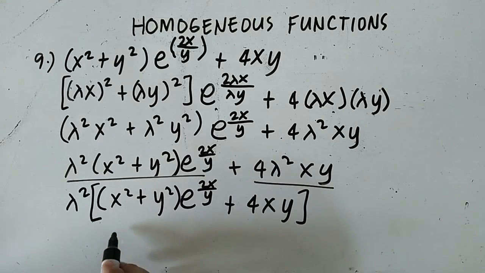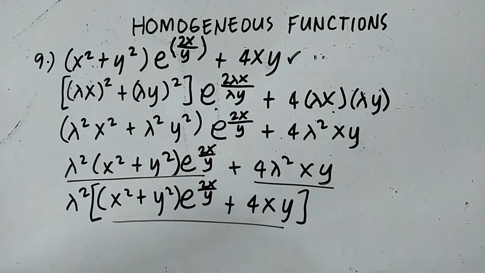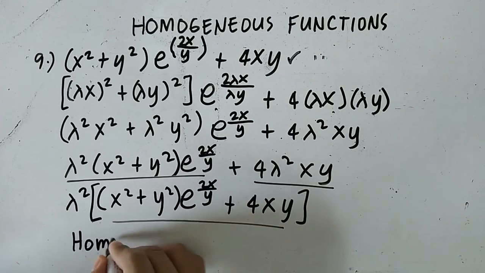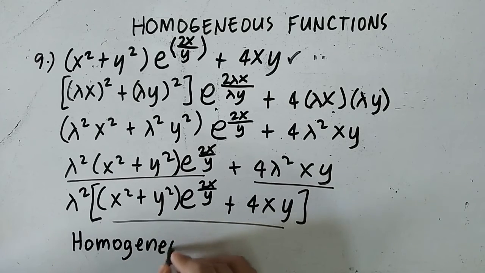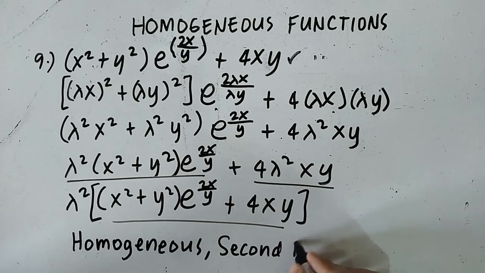Now we have already obtained the original function, and it doesn't contain any lambda at all. So we can conclude that the function is homogeneous. And to what degree? To the second degree.